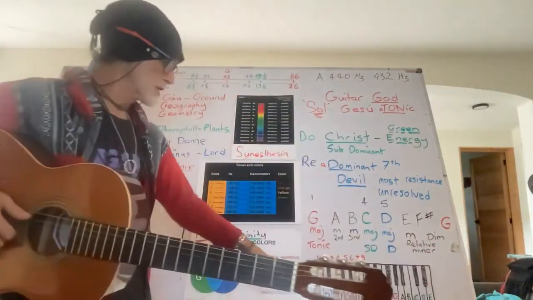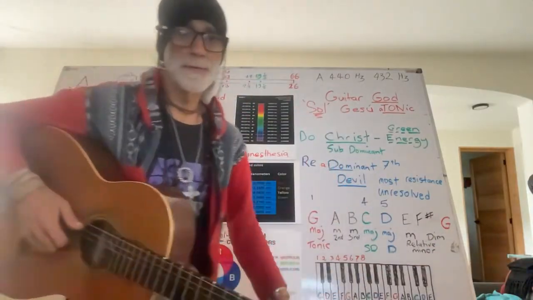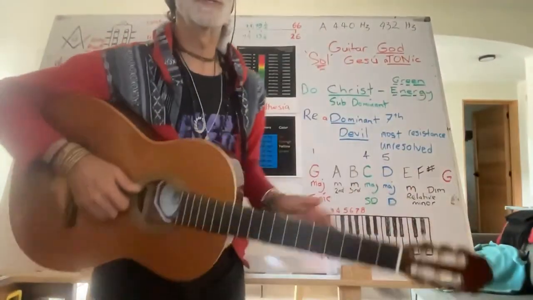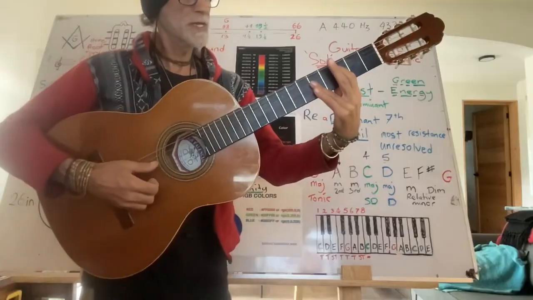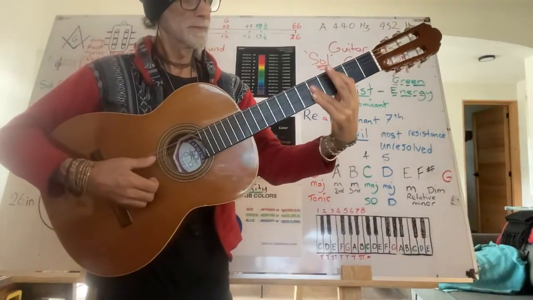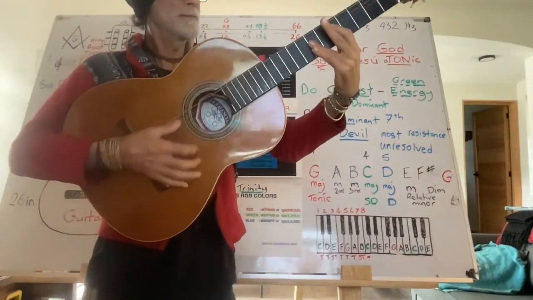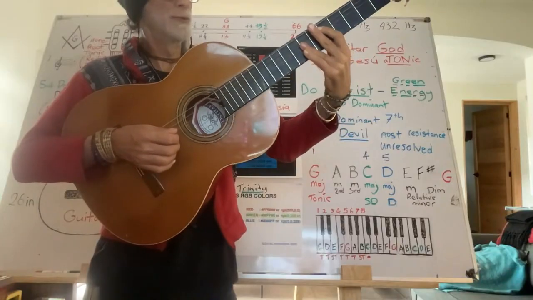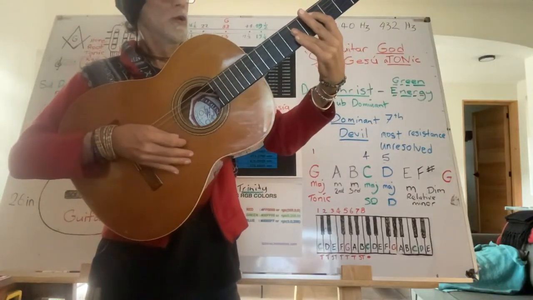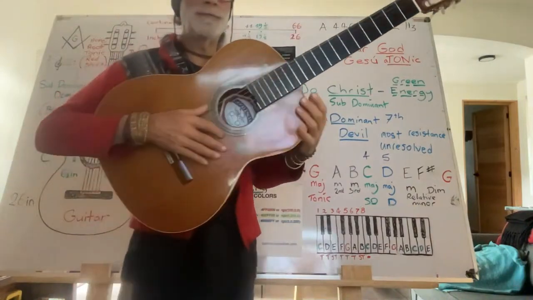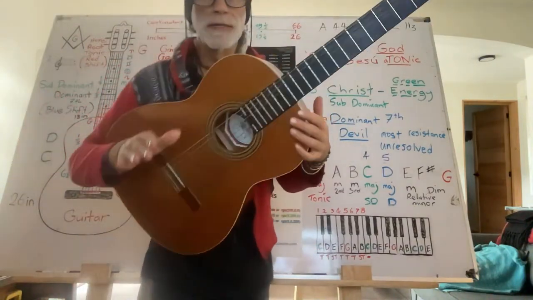The piano is C-based, okay? So that's why we're not doing pianos, we're doing guitars. Okay, so C is green, D is blue. All right, and that's what we're going to concentrate on.